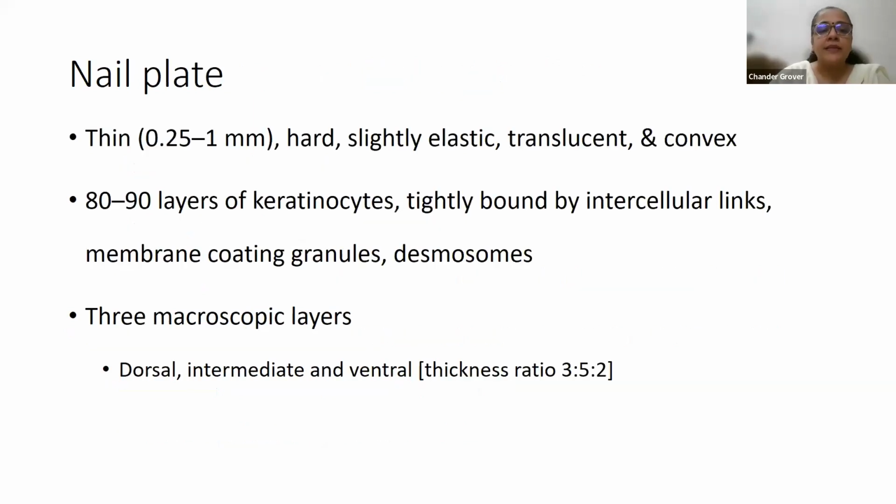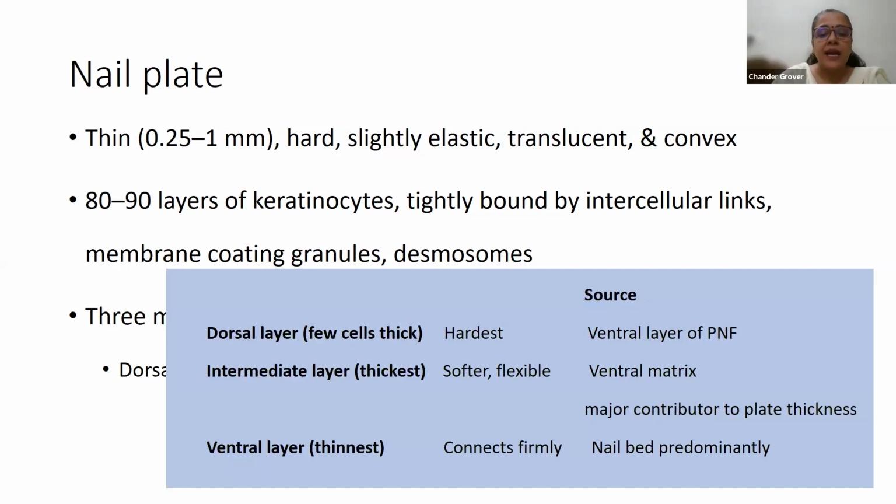The nail plate is a thin, hard, slightly elastic, translucent, and convex structure, which is composed of 80 to 90 layers of keratinocytes as compared to skin, which will have 8 to 10 layers of keratinocytes. It's further divided into 3 macroscopic parts: the dorsal, intermediate, and the ventral.